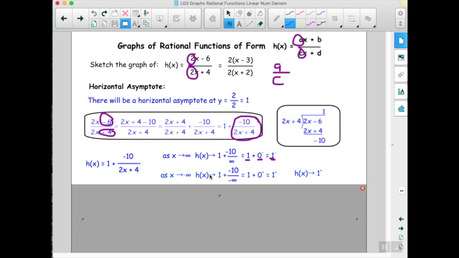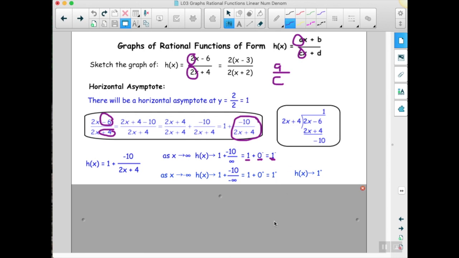When we head toward negative infinity, we're going to get our 1 plus, there's the -10, but now 2 times negative infinity plus 4 is still going to be negative infinity. And a negative divided by a negative is going to be a positive, so this number is very close to 0 but positive. When you add a number close to 0 but positive to 1, you'll get a number that's just a little bit larger than 1.